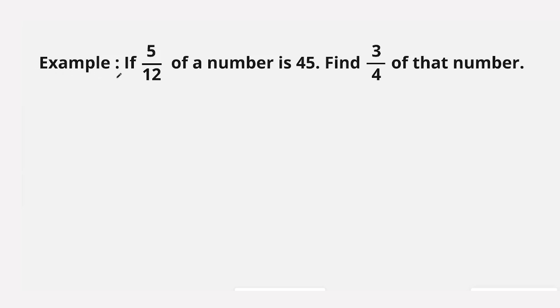The given example is: if 5/12 of a number is 45, find 3/4 of that number. So using the formula which we derived, we can find the 3/4 of the number without even finding the number. 45 upon its fraction, which is 5/12.